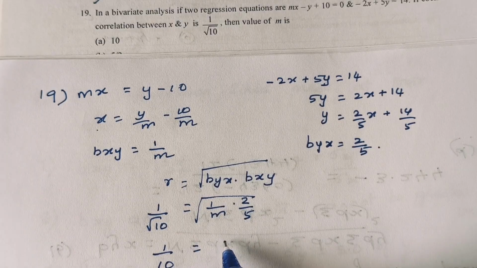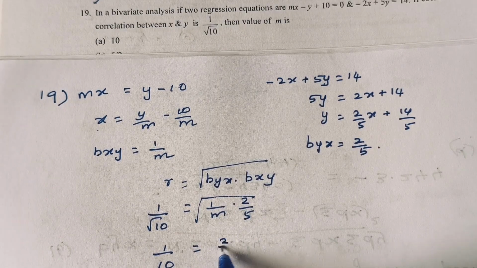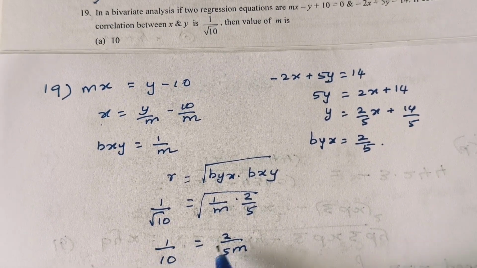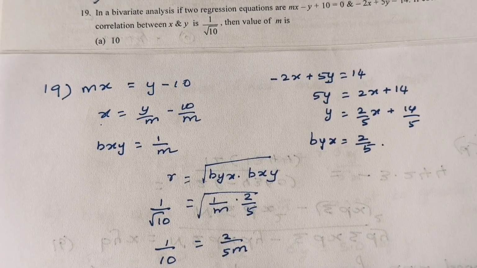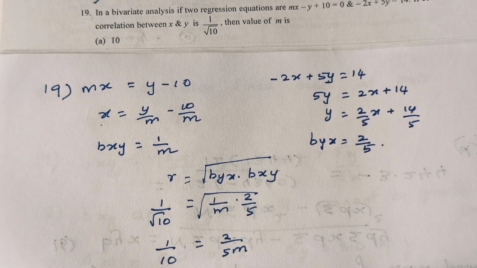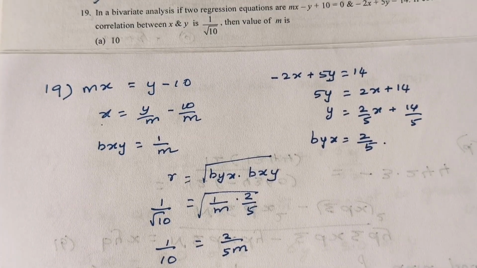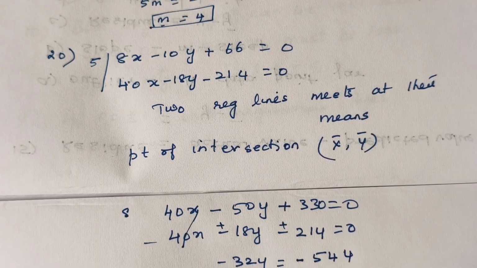Next, question number 20. You are asked to find the mean. You know that two regression lines meet at their means. So the point of intersection is the mean. You have to solve these two equations and find the point of intersection, which is the mean x bar and y bar.